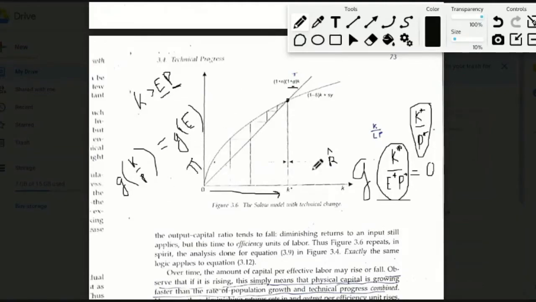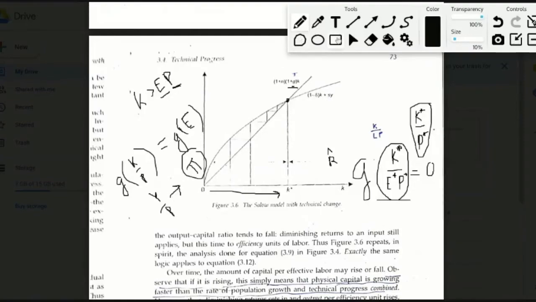So by incorporating the effect of technical progress into the model, we have induced a long run growth in the capital per capita value. And so if capital per capita is growing at the rate of technical progress, then we can also expect output per capita to grow at the same rate.